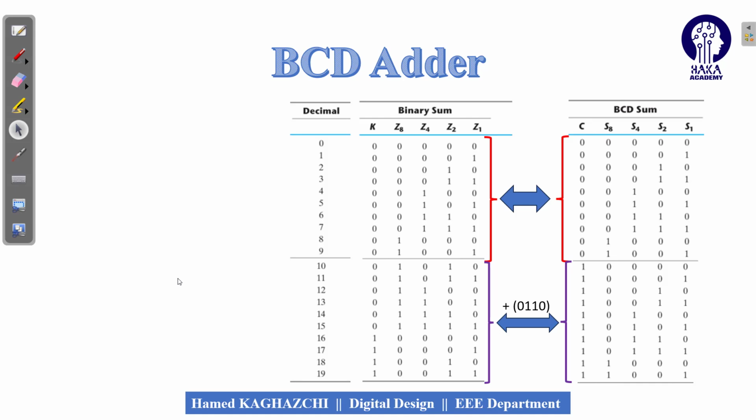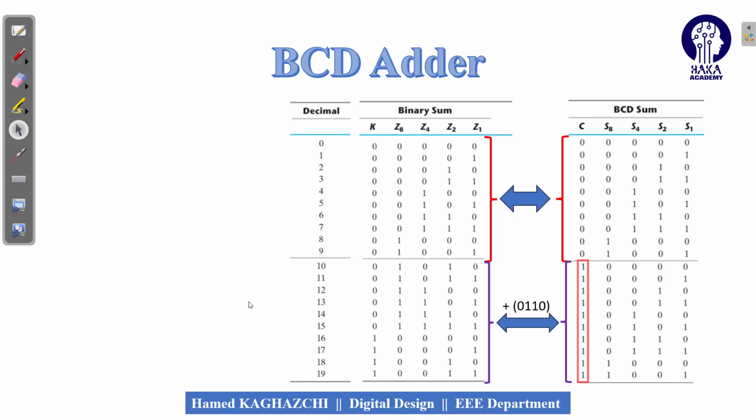Now we have to find the Boolean function of each output. How many outputs do I have? 1, 2, 3, 4, 5. But you can see that I cannot use the Karnaugh map because we have 5 inputs. So using the heuristic method, we have to find this concept.